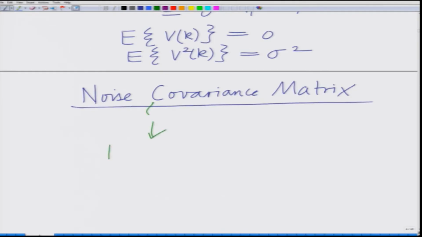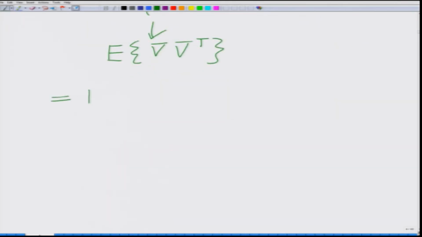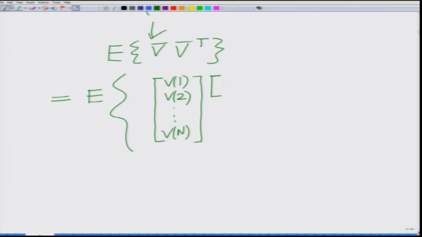This is simply the expected value of V bar V bar transpose, which is equal to the expected value of, now I am going to write V bar as the vector V1, V2, Vn, times the vector V transpose, which is, column vector transpose is row vector, V1, V2, Vn. Okay. Now, I can simplify this.